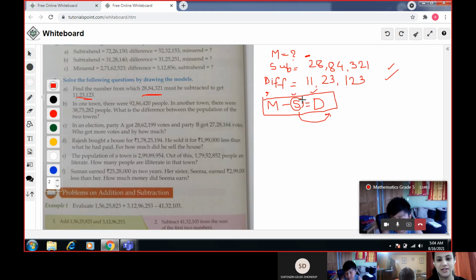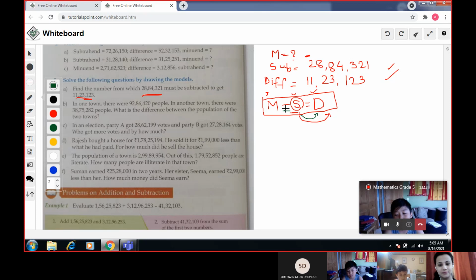How does the sign change here? Subtrahend has a subtraction sign. Can you see the sign of the subtrahend? Now when the subtrahend goes to the right side of the equals sign, the sign of subtraction will become the sign of addition. Up to here, is it clear to everyone?